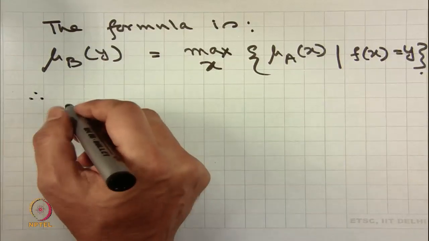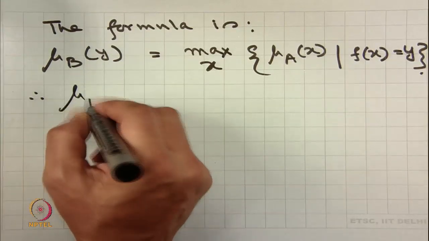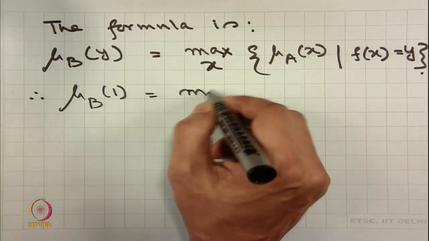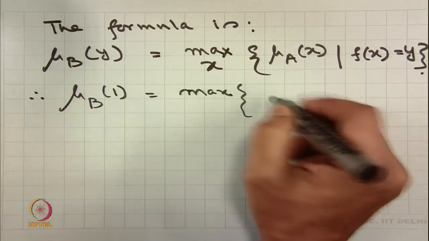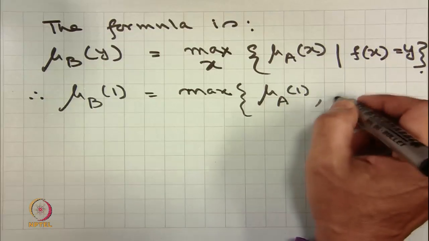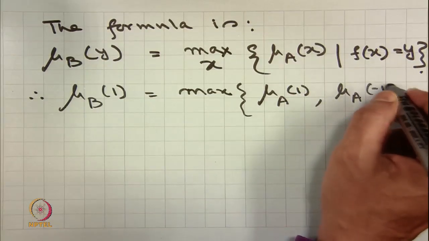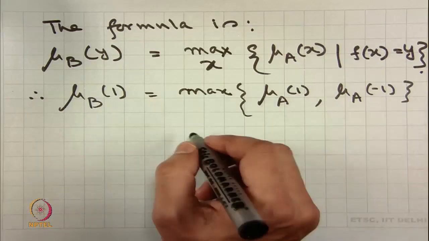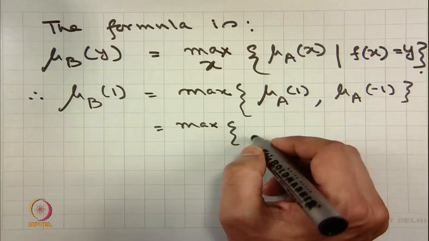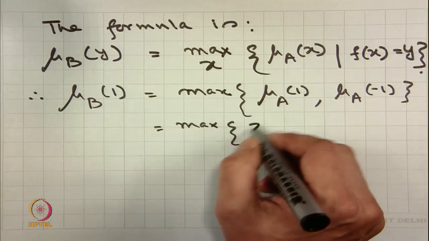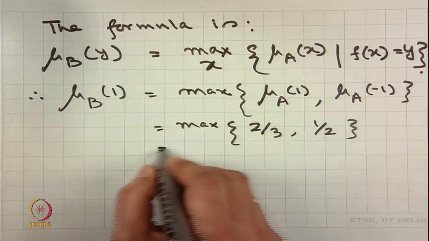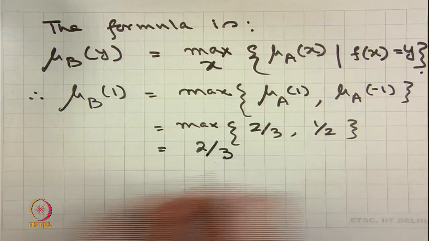Therefore, mu B of 1 is equal to maximum of mu A of 1 and mu A of -1, which is equal to maximum of 2 by 3 comma half, which is equal to 2 by 3.